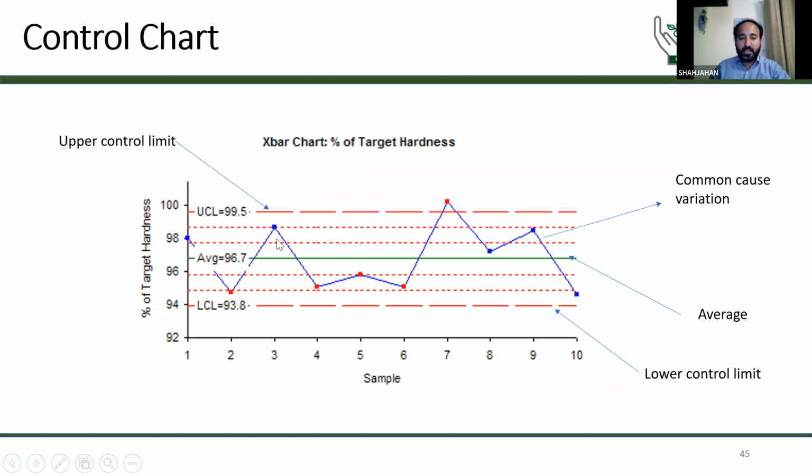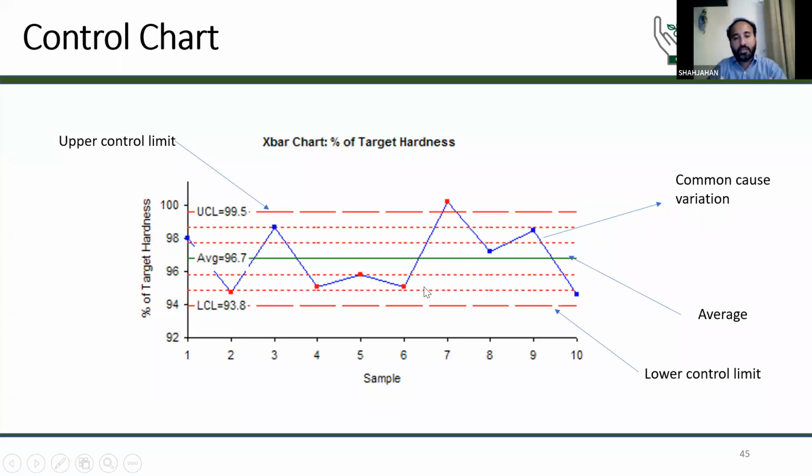But if you see in the graph, the blue line is within common cause variation. Sometimes common cause variation is acceptable, as we said, it's okay. But if the hardness goes more than the upper control limit, like at this point, we can see there's a problem in the data. Why is it going? There's some problem in the machine.